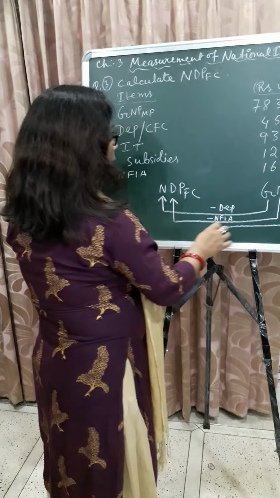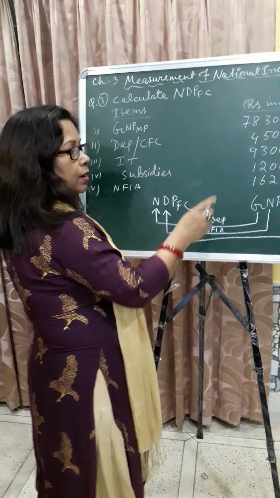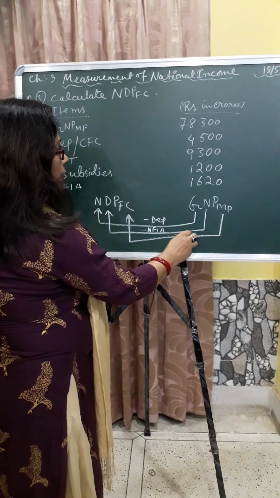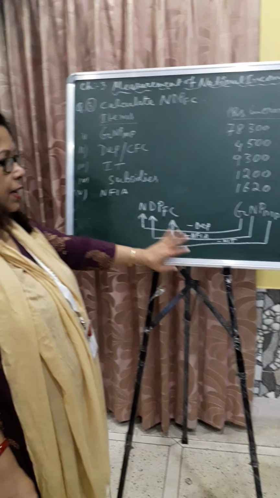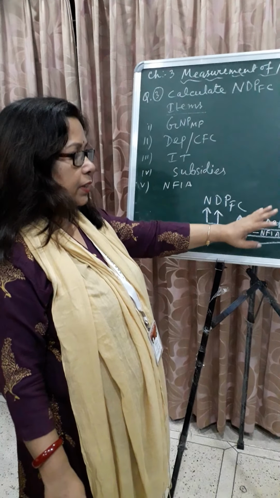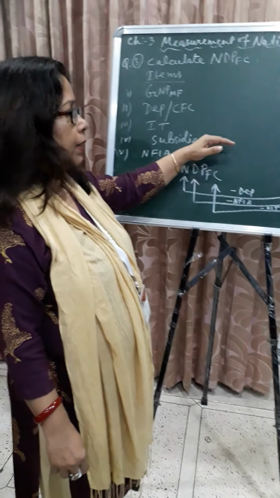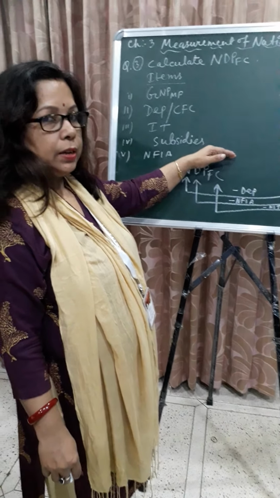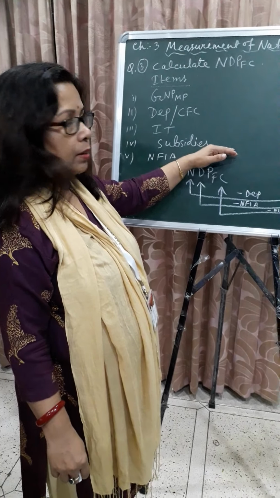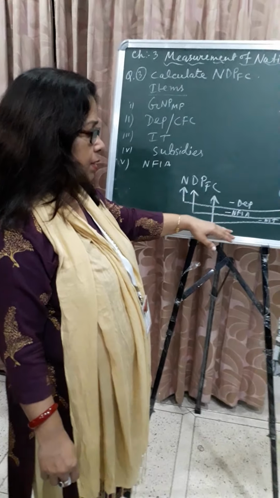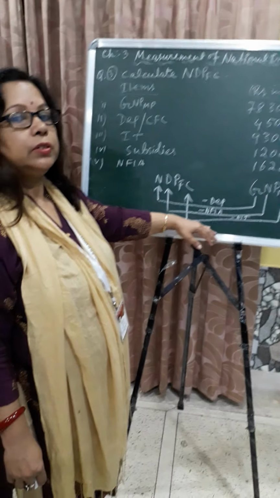Then from MP to FC: minus NIT. So this is the step or structure. With the help of this we can calculate NDPFC. When you learn the formula, you can easily calculate in a single sentence. This is the easy process, and in the examination also use this step.